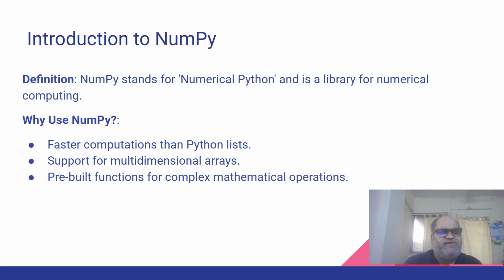In our discussion, we'll be talking about single dimension and two-dimensional arrays, but NumPy can support arrays in nth dimension, that is 3D, 4D, and all of that. And it has pre-built functions for complex mathematical operations. So once you have your data in NumPy format, you can do several of those operations efficiently depending on your use case.